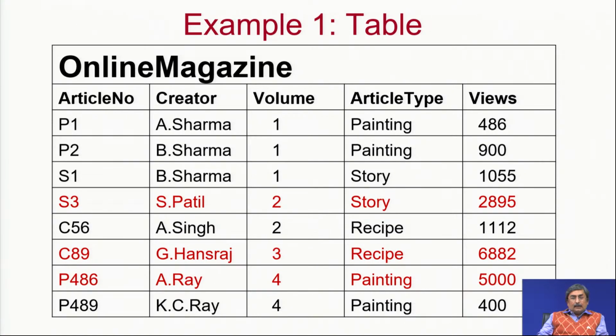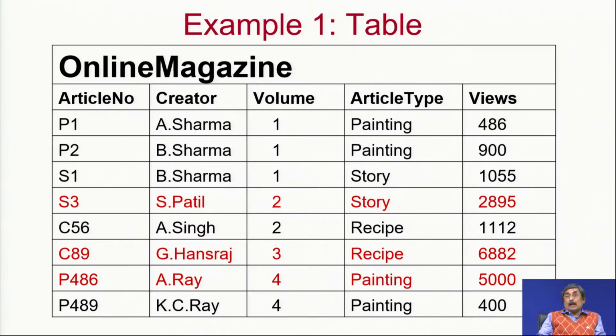The only interesting thing here is that I will have to give different article types and I will have overlaps, like painting may be twice, story may be twice, recipe may be twice, painting may be 4 times, and I am changing the views, 486 in one. For the same painting views would be sometimes 486, sometimes 400, sometimes 900, sometimes 5000.